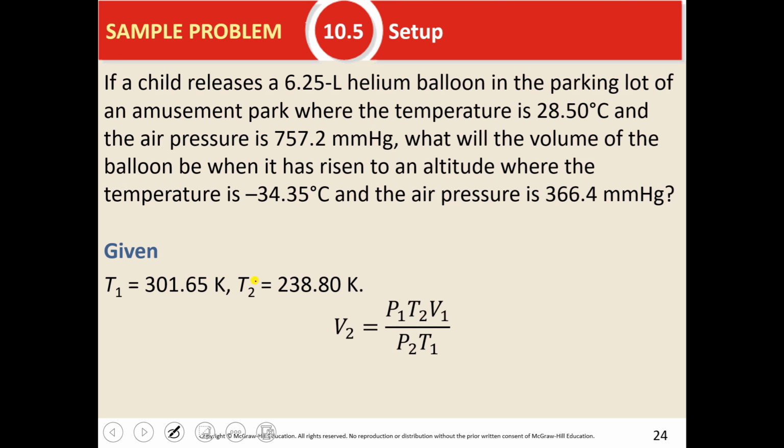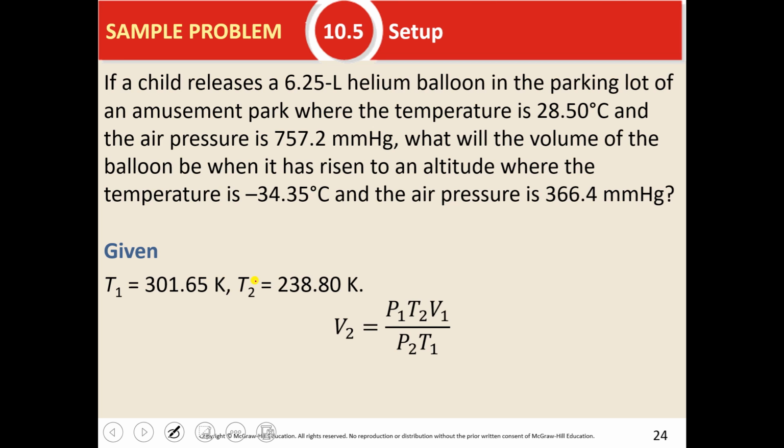So, what we have here is 2 temperatures, 2 pressures, 1 liter, and we're given no information about moles. When we're given no information about moles, we can assume the moles stay the same, and we will completely ignore the N in the equation.